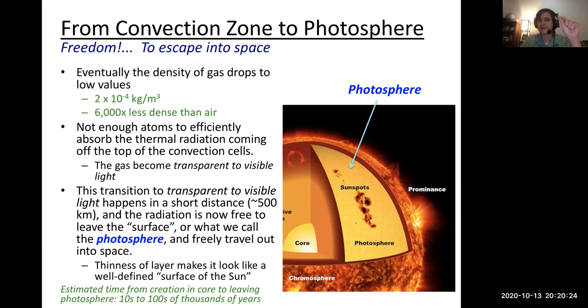And it's only 500 kilometers thick. So it looks like a very well-defined surface to us because it's so thin where this happens. It looks like all the light is coming from the same region of the sun, giving us this visible sphere of the sun that we call the photosphere.